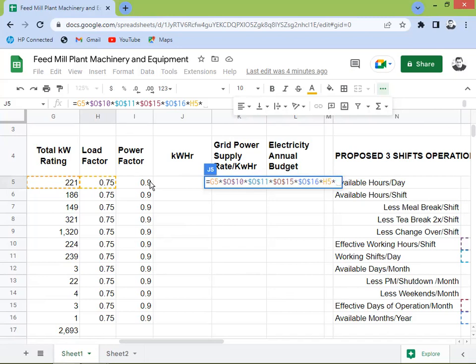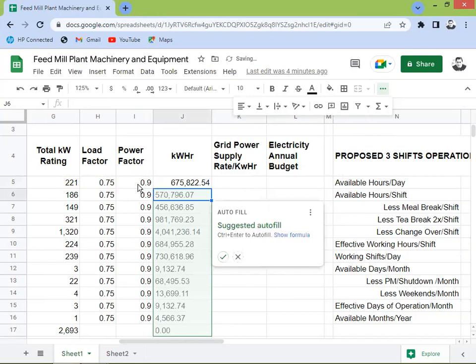So no need to put the dollar sign. So multiply again by the power factor. This will decrease your kilowatt hour consumption by the inclusion of the load factor and the power factor.